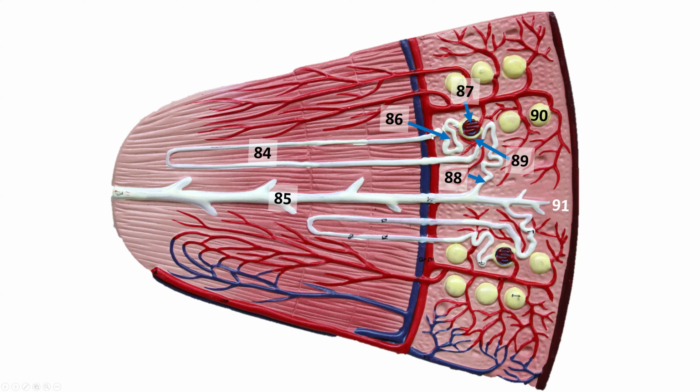86, this is the first part of that nephron tube. And what is that called? Proximal convoluted tubule. And for those of you in the lecture class, what things are reabsorbed at the proximal convoluted tubule?